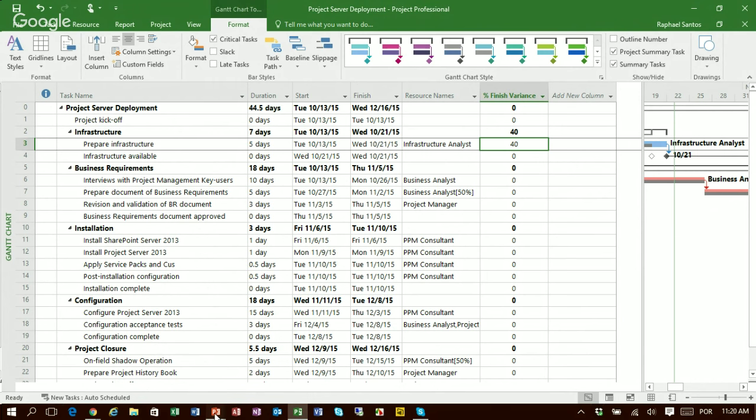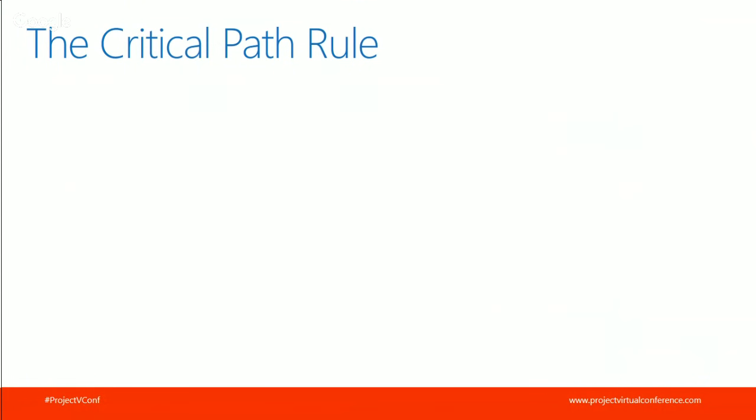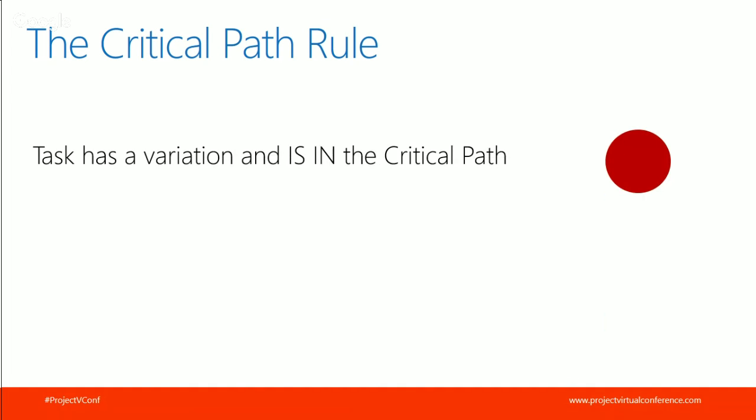So I'll go back here to our demo. The critical path rule is just a simple rule that we can use. When using the critical path rule, we can say that if the task has a variance, and if the task is on the critical path, it's going to show us the red indicator.